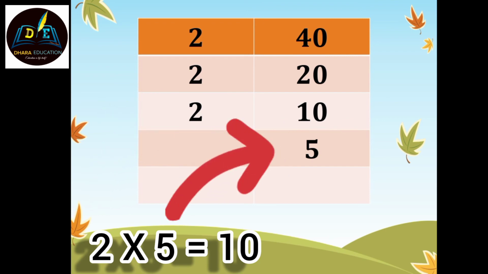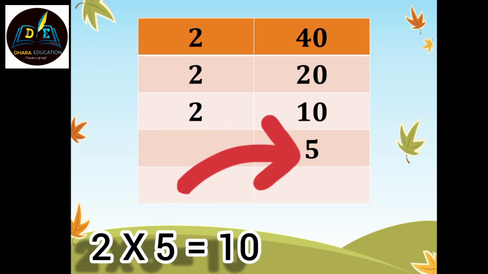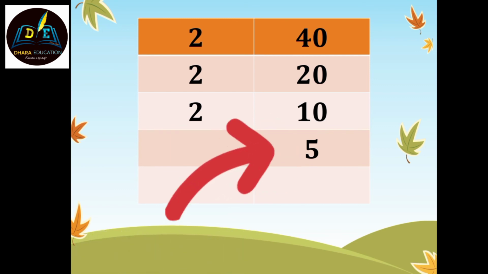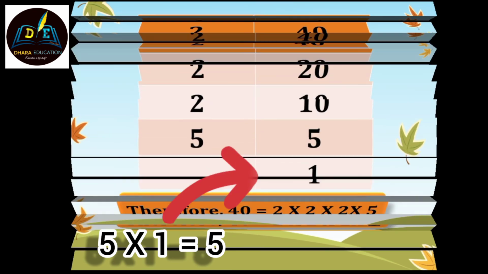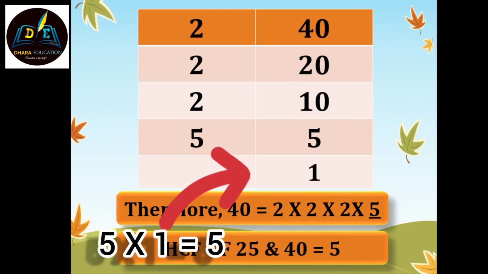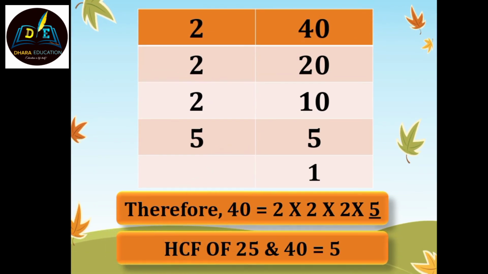Then at last we have 5, the table of 5. So 5, of course, comes in the table of 5. 5 ones are 5. So we write 5 5s are 1.